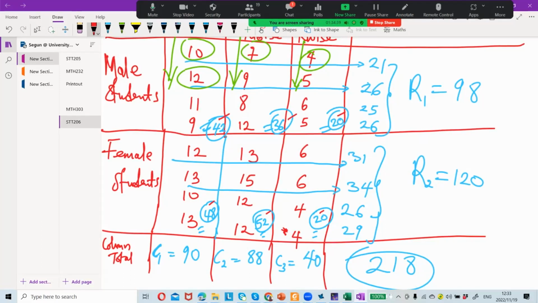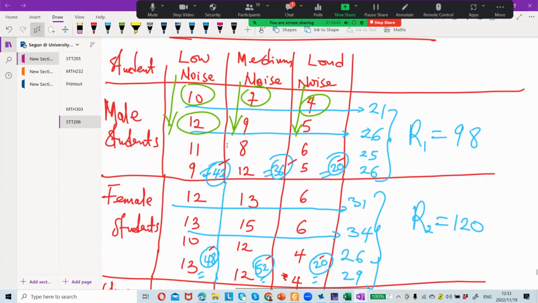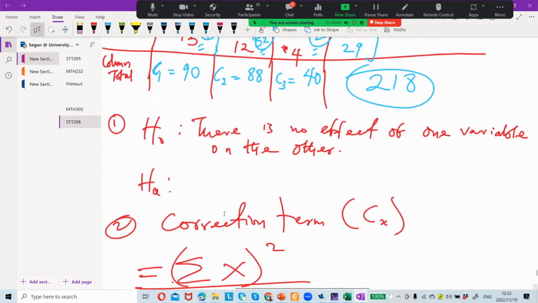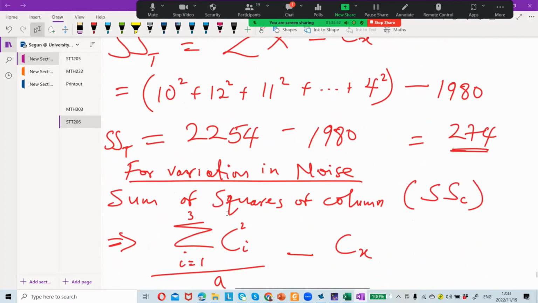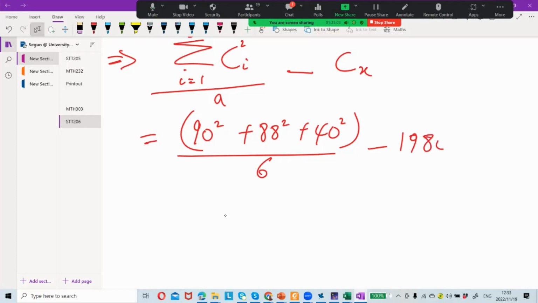Do we all agree with me? Yes, sir. Because we are dealing with column. So divide by 8, 6, minus 1980. Can we solve this one?